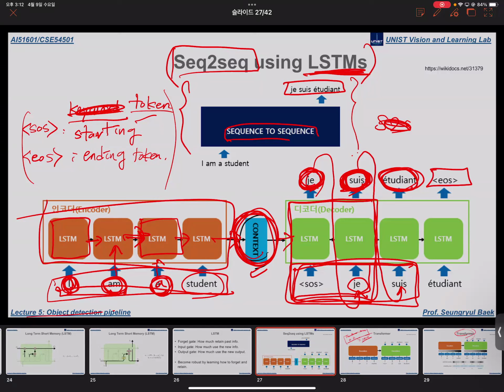Okay, so are you guys following this? Okay, so I mean, the decoder is similar to the CNN operation, but you have to understand this decoder.